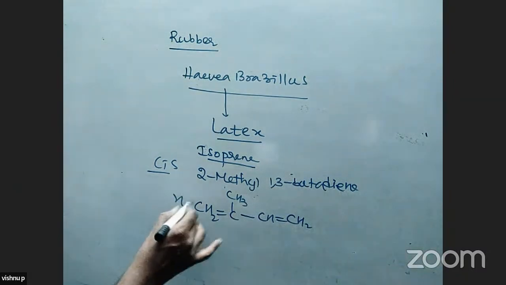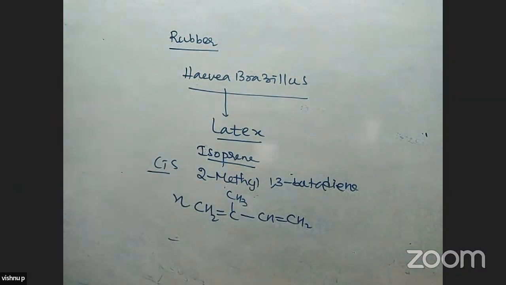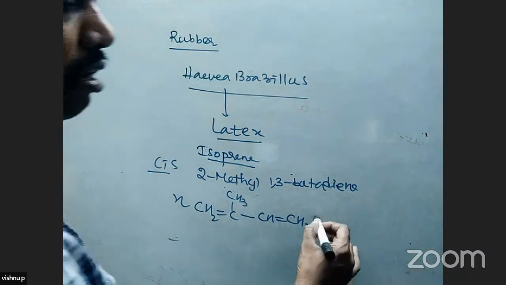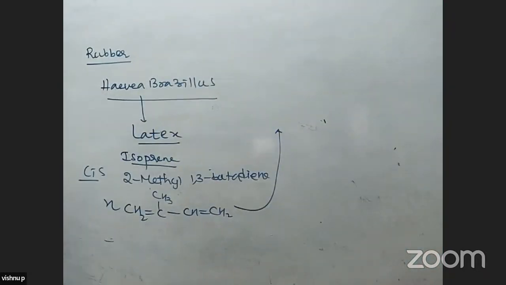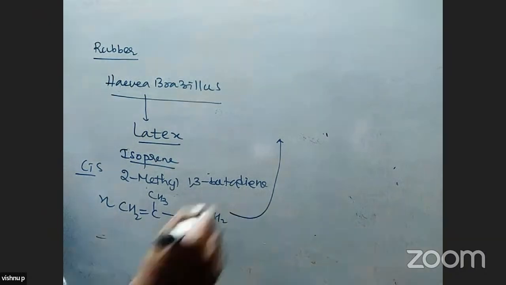N number of these 2-methyl-1,3-butadiene molecules are involved in polymerization, and it forms the natural polymer rubber.